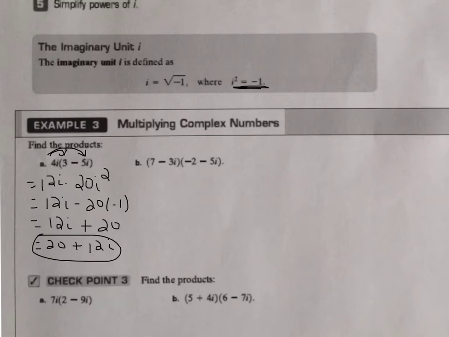Example 3b, you're going to FOIL. We're going to take 7 times a -2. That's -14. And then 7 times a -5i, that's going to be a -35i. And then -3i times a -2, that is a positive, because a negative times a negative is a positive, 6i.